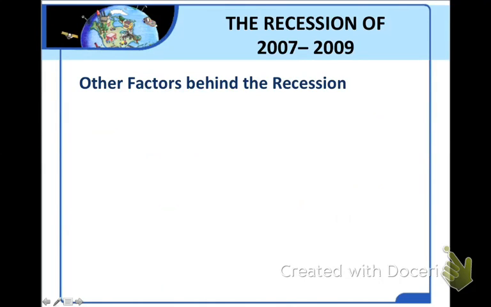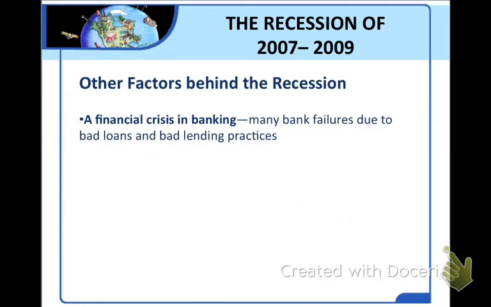Once the housing bubble burst and the recession began, several related events made the recession worse by causing further decreases in aggregate demand. One was a financial crisis. While the housing bubble existed, many banks and other financial institutions had invested heavily in housing or lent money to others to buy homes. When housing prices fell, these institutions lost trillions of dollars.